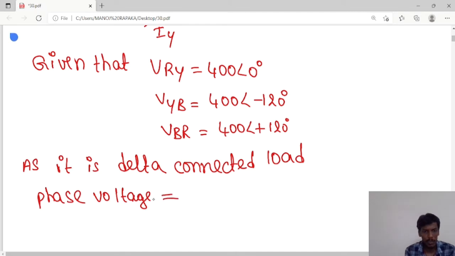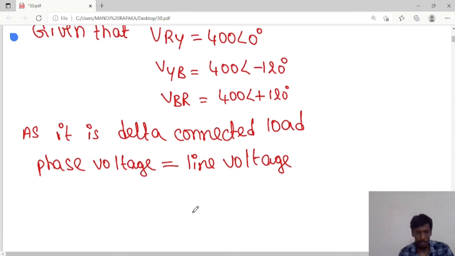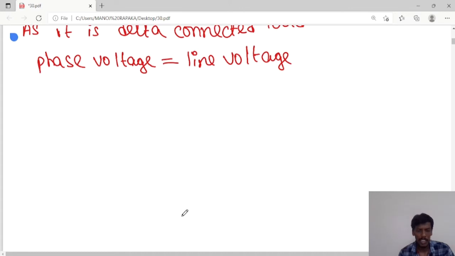So in case of delta connection the phase voltage is equal to line voltage. So we have determined the phase voltage and line voltage. Next we have to calculate the currents.